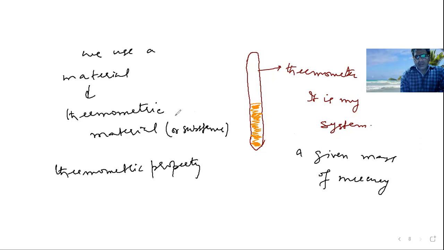This mercury is our thermometric substance and its volume is our thermometric property. That means if you change the temperature of this mercury, you heat it, what will happen? Its volume will change, or I can say the length of the mercury column will change, right? So we define the temperature of our system, this mercury thermometer, as a function of the length of the mercury column.